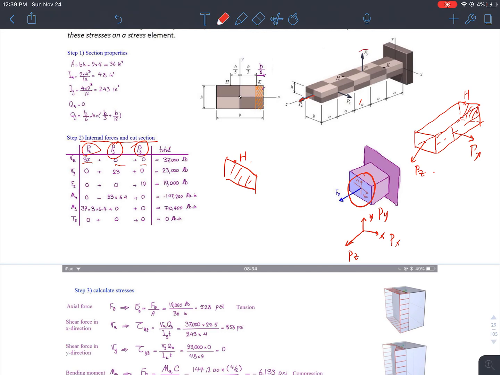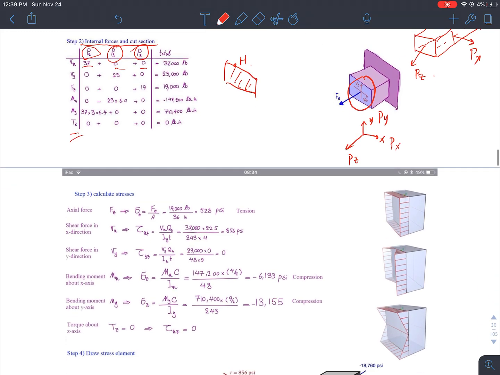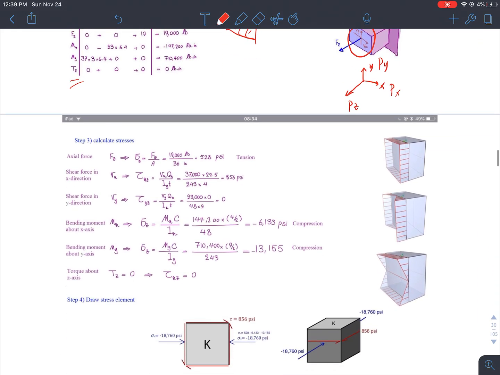But be careful, my Py bending moment only has effect on K, but has no effect on H. Then I have torsion, T, but in this case I don't have any torsion, so I can omit the torsion.